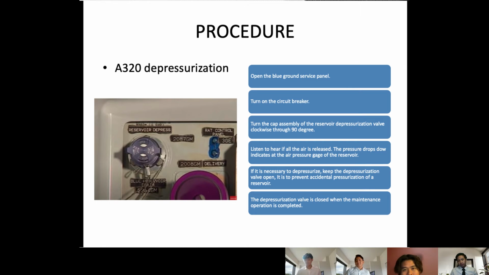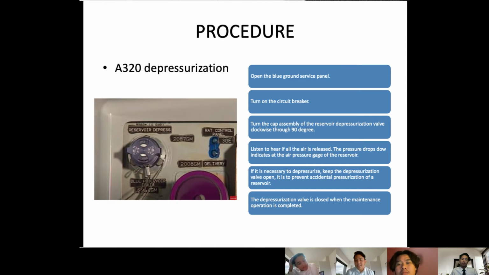We move on to the procedure for the hydraulic system. First, we need to depressurize the hydraulic system. Open the blue ground service panel, turn on the circuit breaker, and turn the cap assembly of the receiver depressurization valve clockwise through 90 degrees.